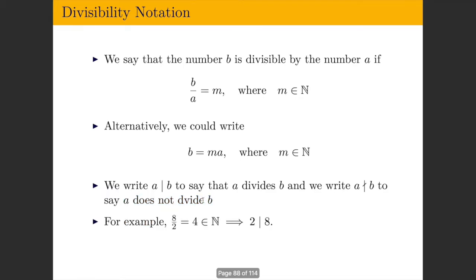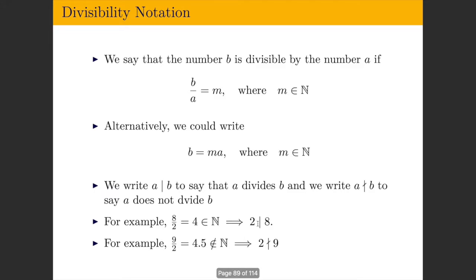So for example, 8 divided by 2 is equal to 4, which means 2 goes into 8 quite nicely, and so we would write 2 divides 8. And 4, of course, is an element of the natural numbers. That's how we know 2 divides 8.